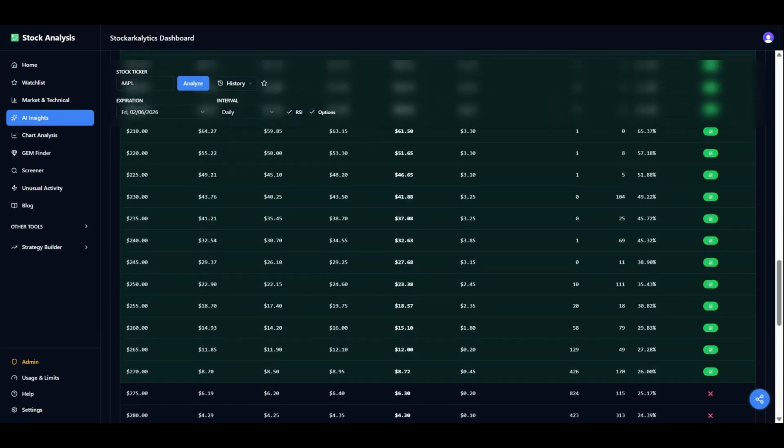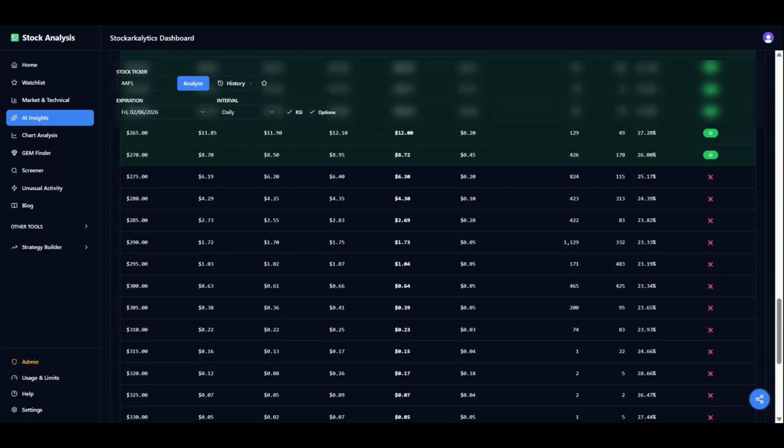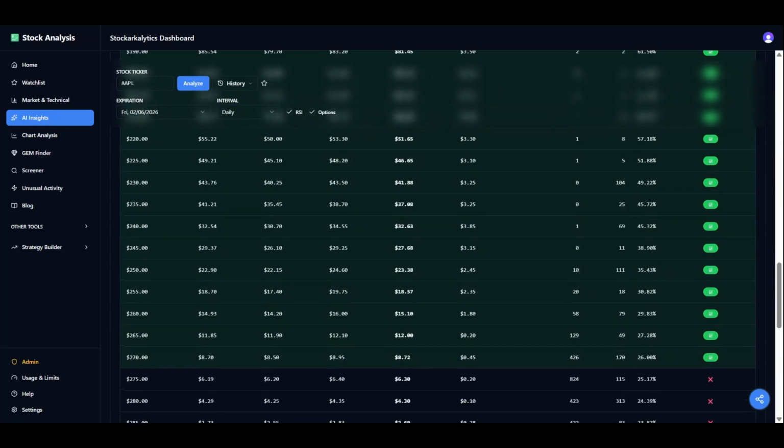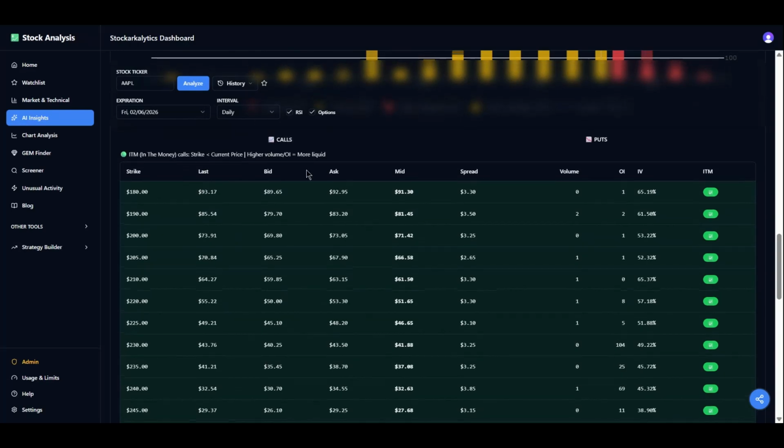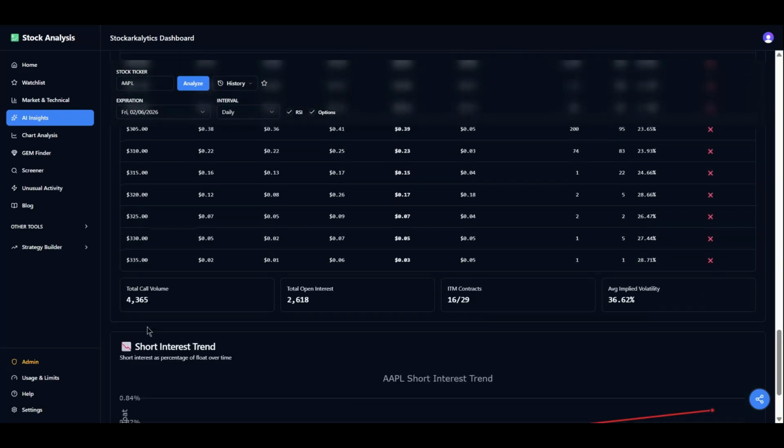I personally use the spread, volume, and open interest as a quick filter. Tighter spread and higher volume, or OI, usually means more liquidity. And at the bottom, you'll get totals like total call volume, total open interest, how many contracts are in the money, and the average implied volatility for the selected expiration.